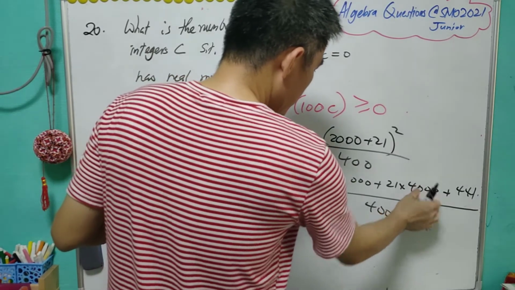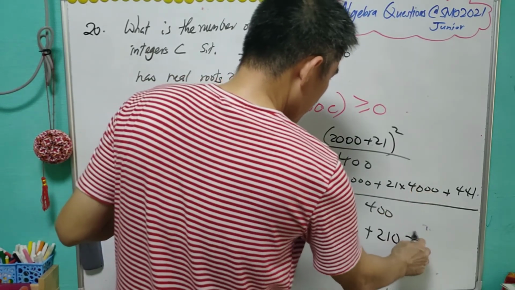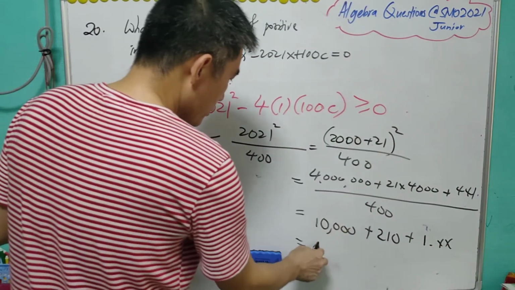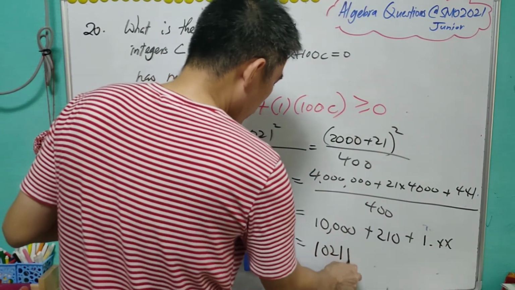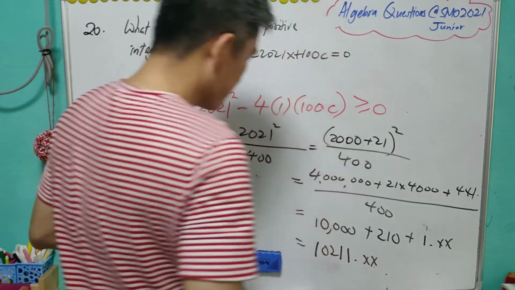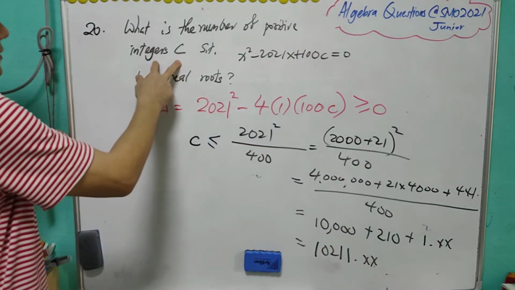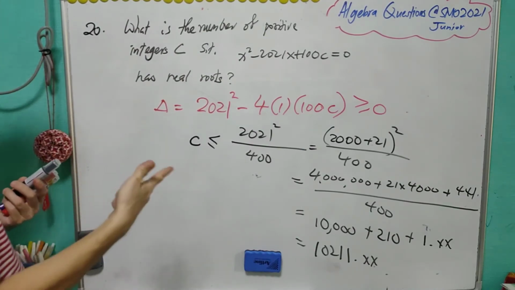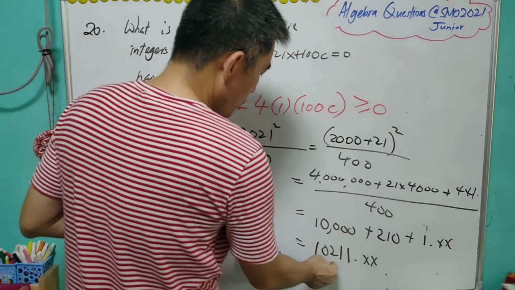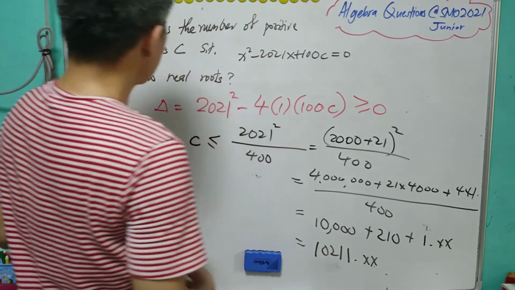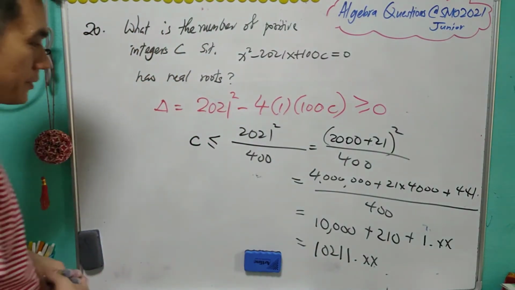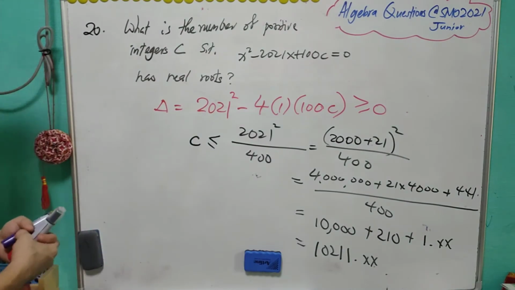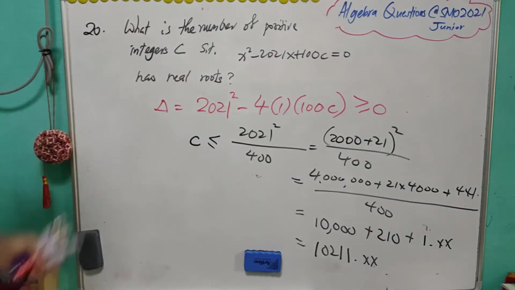After cancelling with 400, that is 210. And this will equal 1 point something. So that will be equal to 10211 point something. And since c is a positive integer, it starts from 1, 2, 3 all the way to 10211. So the number of positive integers c will be equal to 10211. And therefore 10211 is the answer for question 20.